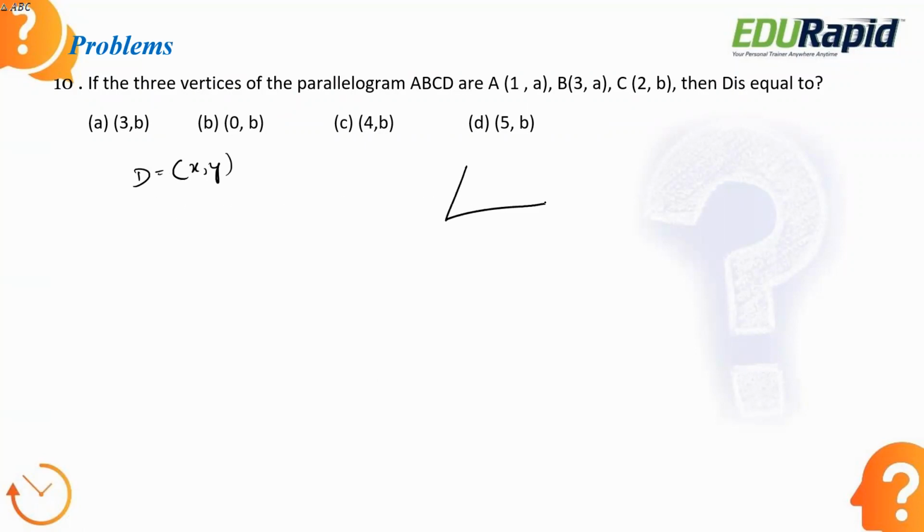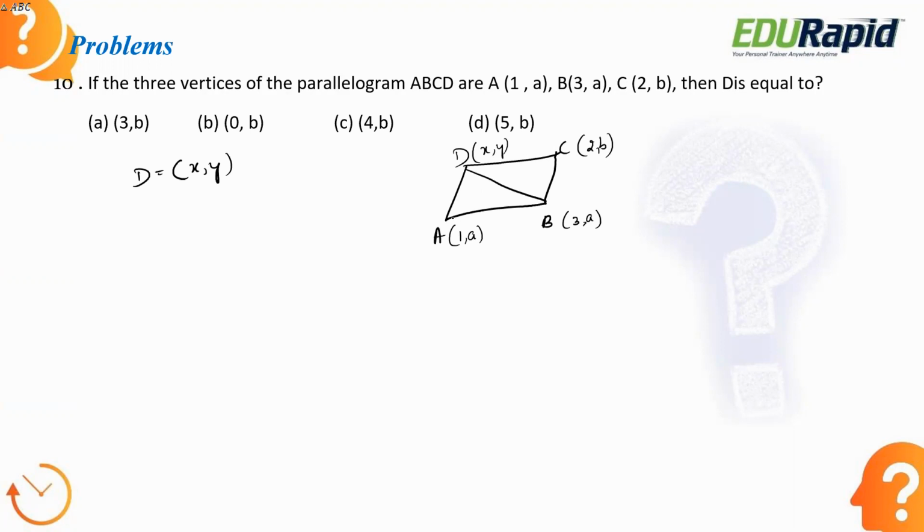Now, if you consider a parallelogram, say A, B, C, D, where A is 1 comma a, B is 3 comma a, and C is 2 comma b, and your D is x comma y. How do we find it?